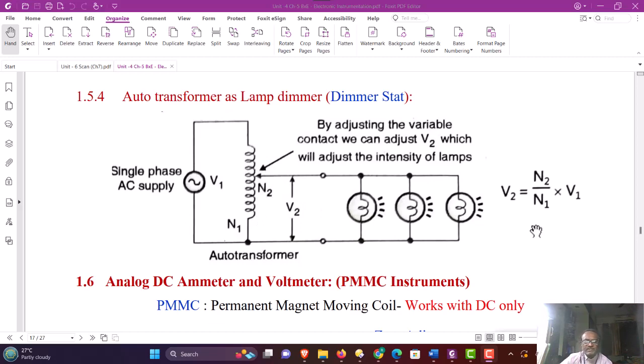One of the applications of light dimmer or dimmerstat is in cinema theaters, where before starting the movie, they will reduce the light intensity of the background lights to 0 and then the movie will be started.